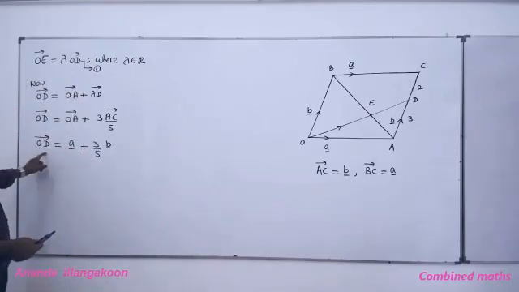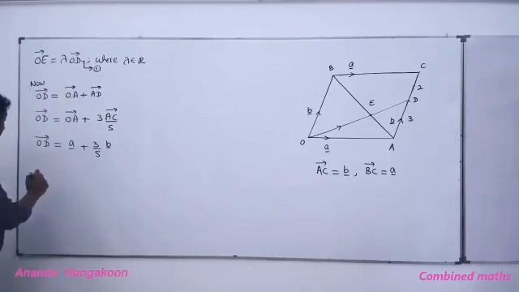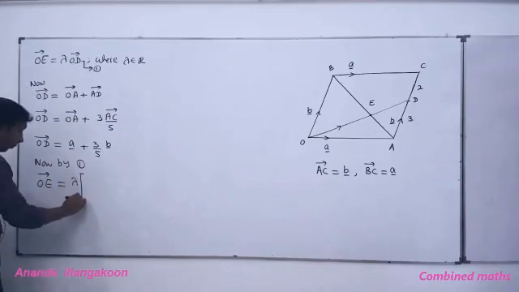Now this OD vector we substitute into number 1. By number 1 we can write the OE vector is equal to lambda times OD vector.